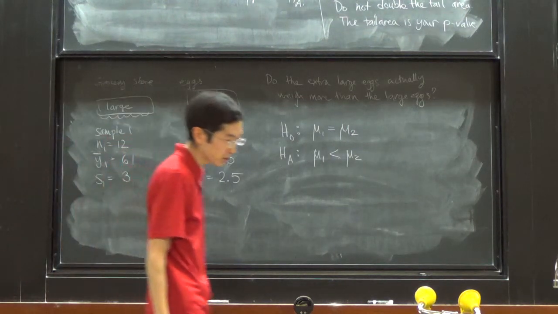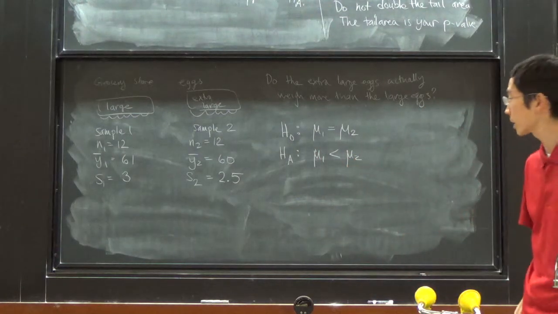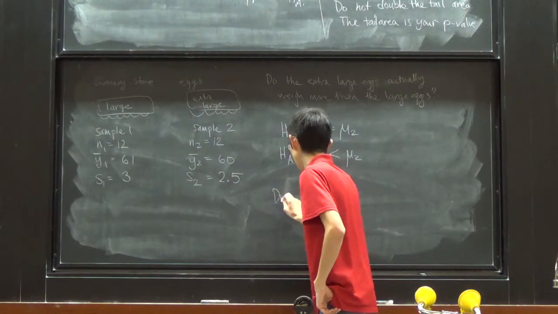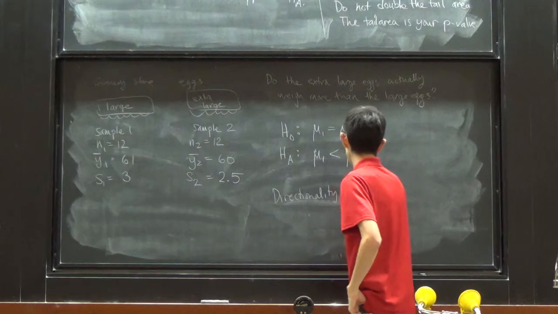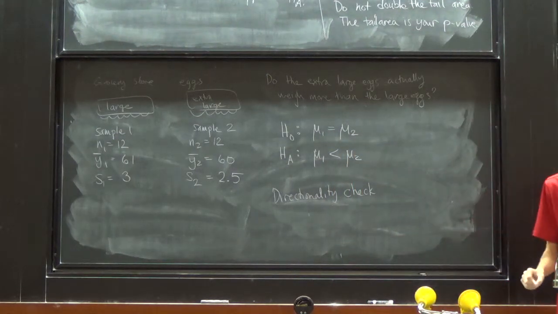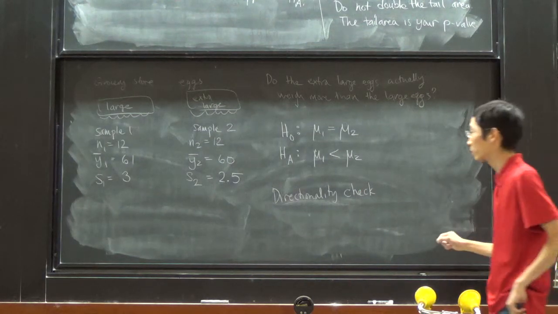So what is our first thing to do? Directionality check. We have to do a directionality check, okay? And so we do our directionality check, and what happens here? Does it pass or not pass a directionality check? No pass. Does not pass. Why?